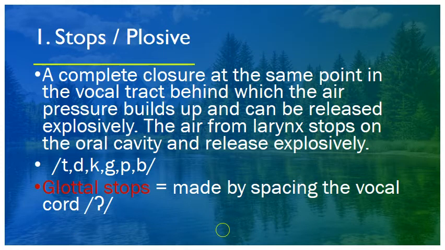The first classification of consonants based on the manners of articulation is stop sound or plosive sound. A stop or plosive consonant is a complete closure at one point in the vocal tract, behind which the air pressure builds up and can be released explosively.